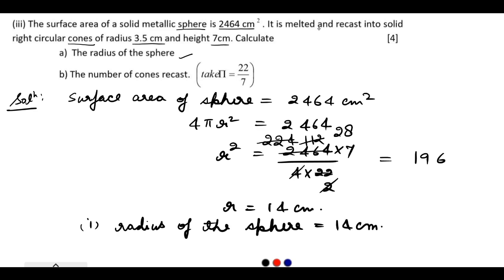Secondly, it is melted and recast into solid right circular cones of radius 3.5 and height 7 cm. Then, if the number of cones are n, then volume of n cones will be equal to volume of a sphere.